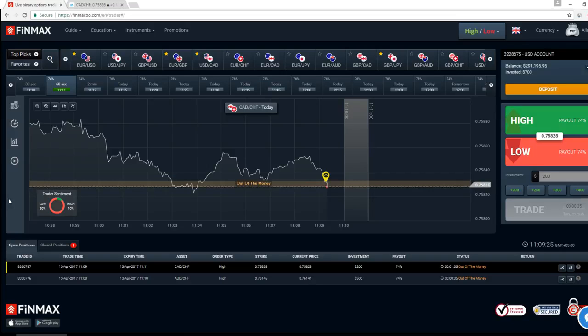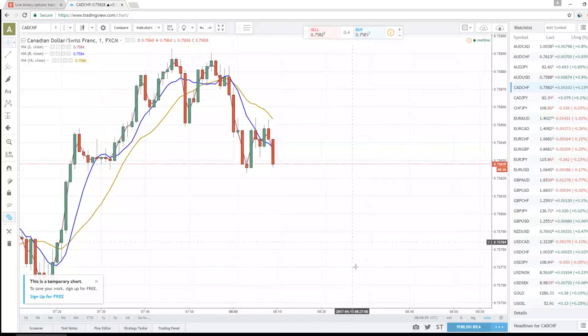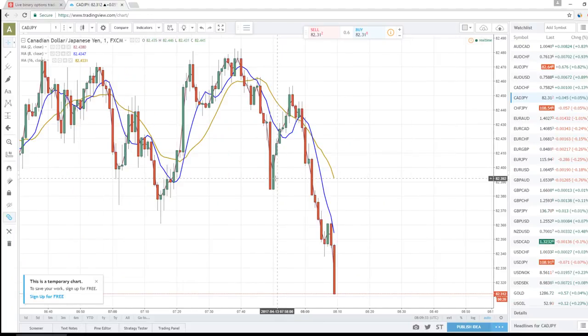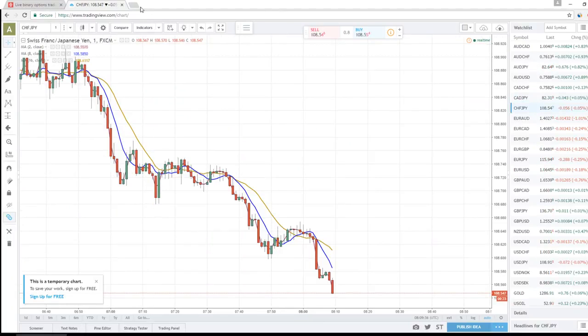Well, basically here I'm playing against one currency, one asset. So a lot depends on the behavior of the Swiss franc.